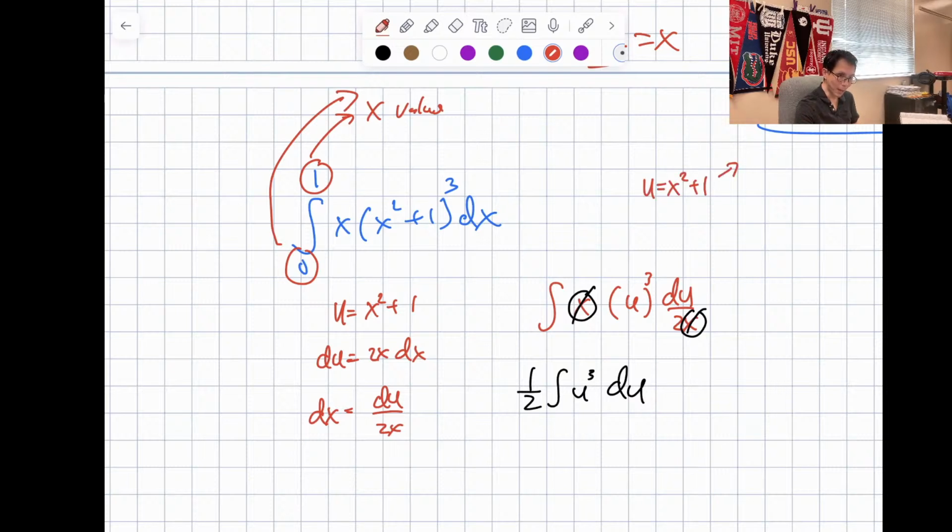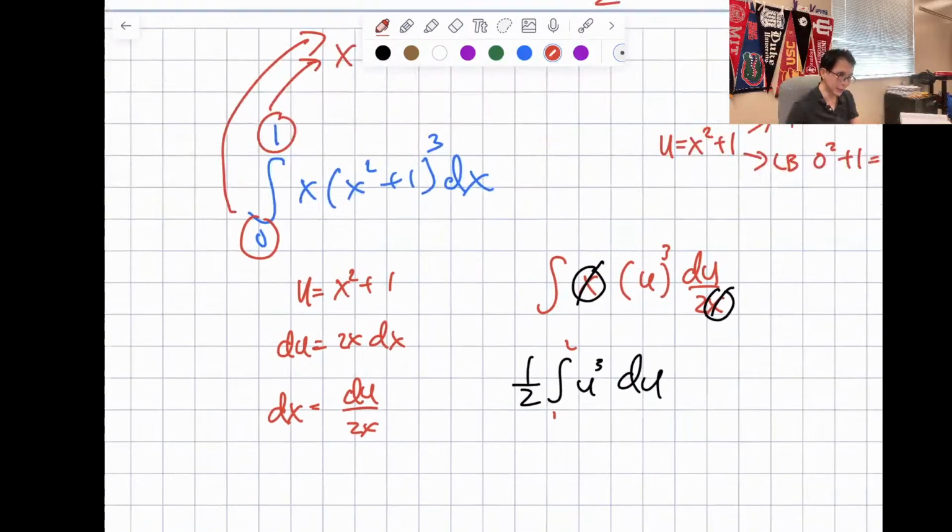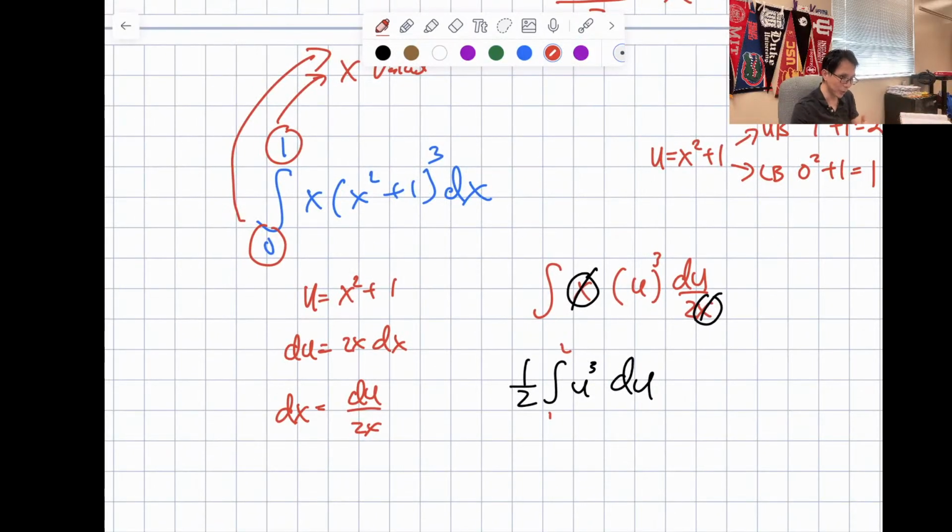The upper bound and the lower bound, you're gonna substitute in there. So your upper bound is 1, but that's the x value. So it'll be 1 squared plus 1, which is equal to 2. And 0 squared plus 1 is 1. So it'll be 1 to 2. That was the only thing different. You're changing from 0 to 1 to 1 to 2 because of the boundary switch.